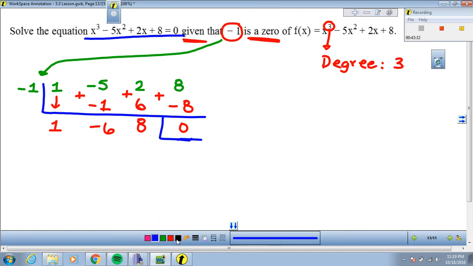That means that I did this process of the synthetic division perfect. Because if a number is a solution of a polynomial, when I do synthetic division with that number, using the coefficients of the polynomial, the remainder should always be 0. If I wouldn't have gotten 0 right now, that means that probably I made a mistake somewhere.